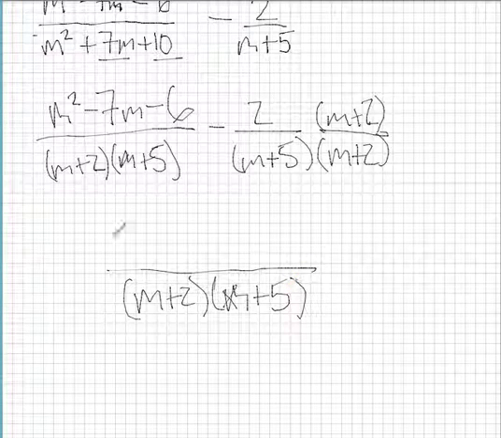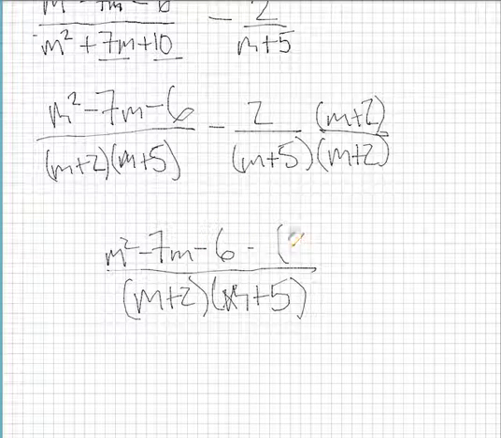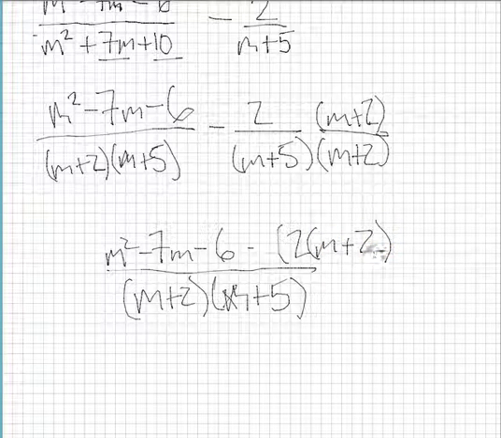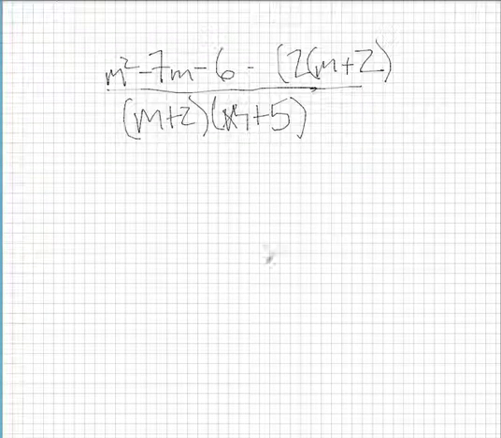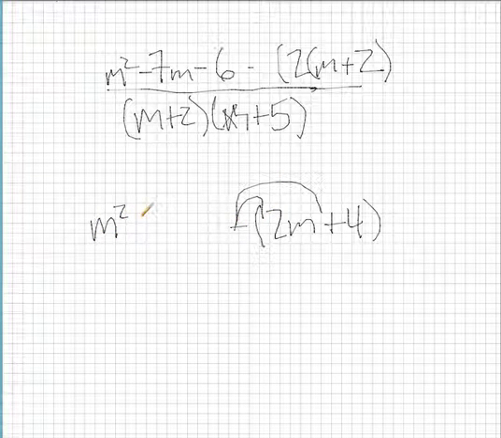And what we get on top is m squared minus 7m minus 6 minus, it's going to be 2 times m plus 2. So the top becomes minus 2m plus 4, and we're going to distribute this negative sign to both of these numbers.